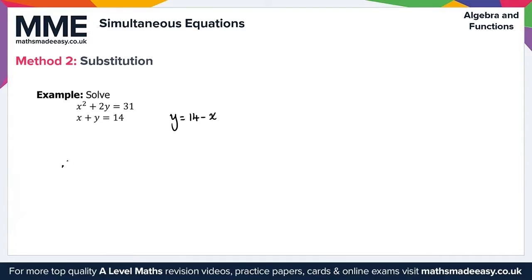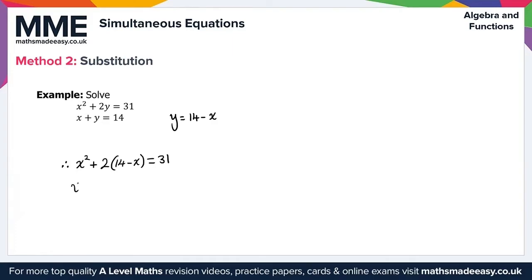So therefore, substituting this into equation 1, we obtain x squared plus 2 lots of this y value here, which is 14 minus x. So 14 minus x, and this is equal to 31. Now here, we're clearly just going to start by expanding this bracket.